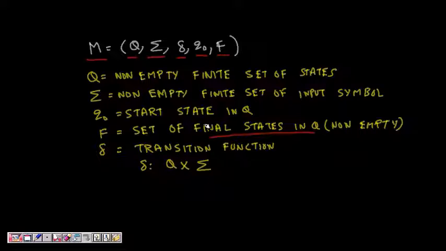So what is the transition function? It is a function that takes two arguments. First is the state, and then the symbol, and based on that it decides which other state we are going to.